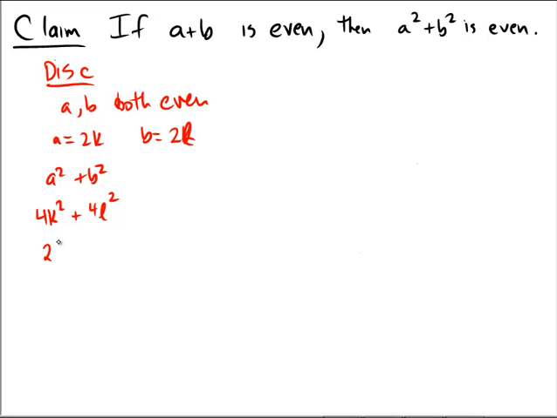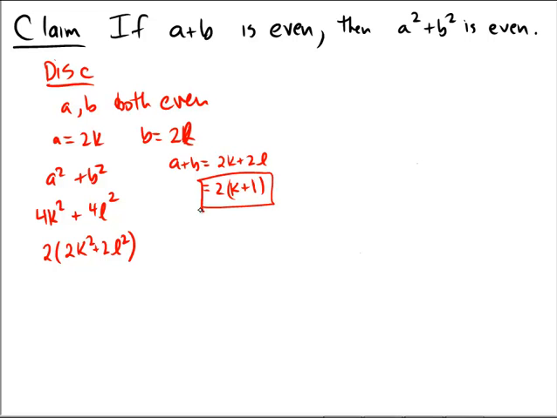And this would be equal to 2 times (2k squared plus 2l squared). So if a and b are both even, then a plus b would be equal to 2k plus 2l, 2 times (k plus l). So that would be even, and in addition, a squared plus b squared would also be even. So that's one case.